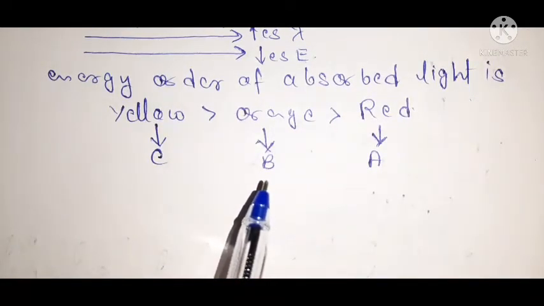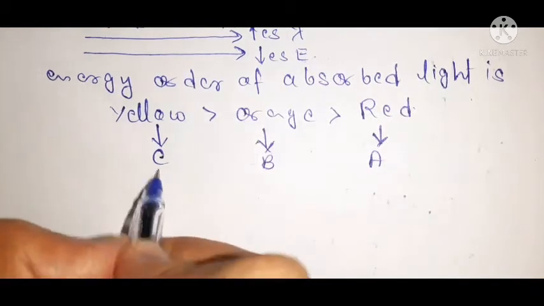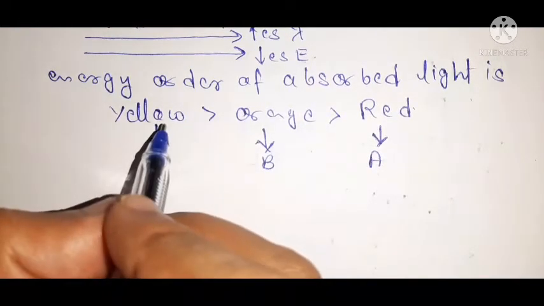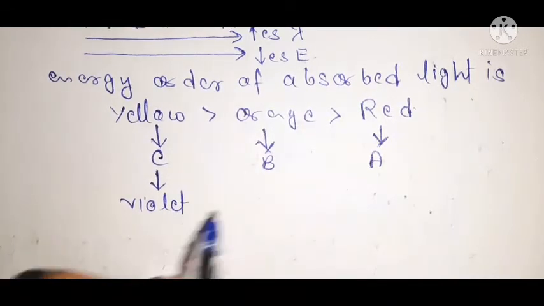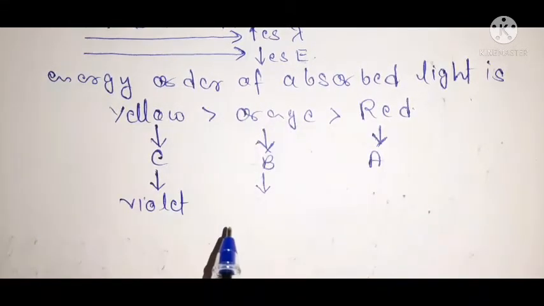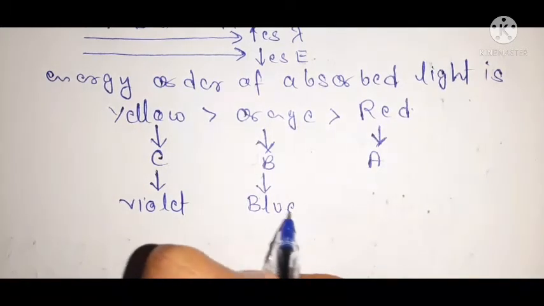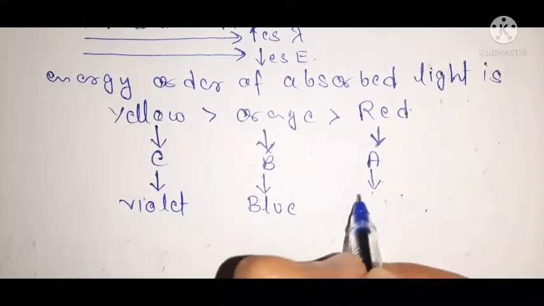Okay, so that means the complementary color of yellow is violet or purple. The complementary color of orange is blue, and for red it is green.